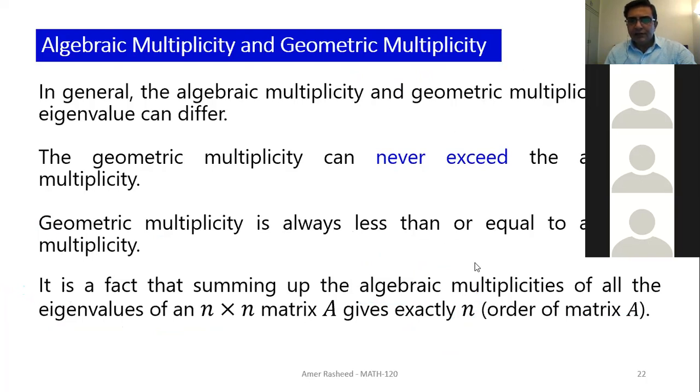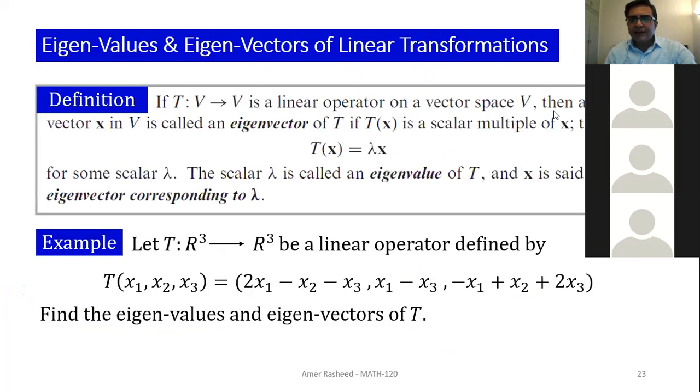Now, so let's move forward. Now this is another definition. How do we find eigenvalues and eigenvectors for linear transformations? The definition is, if we have any linear transformation, it should be an operator.